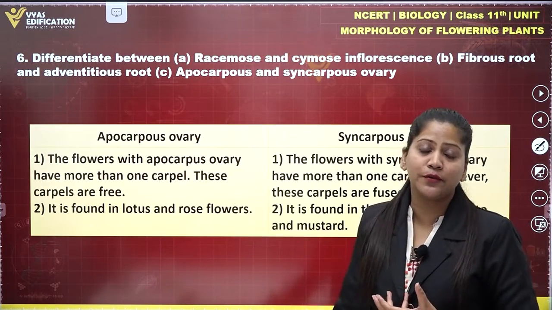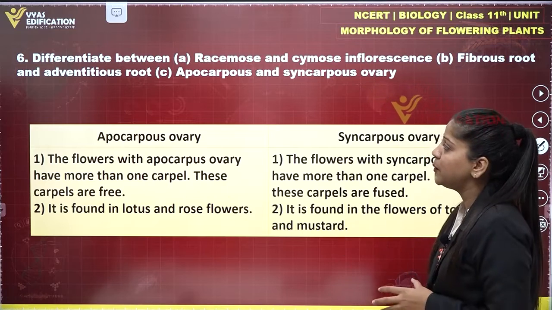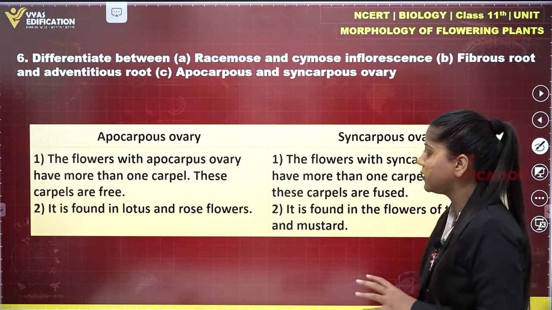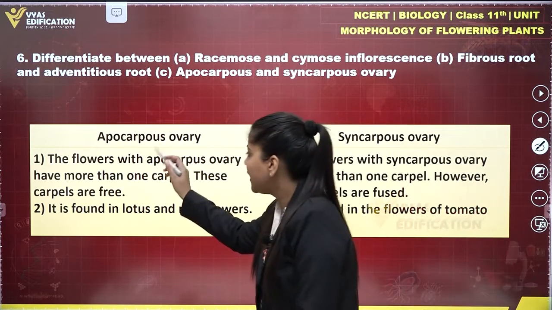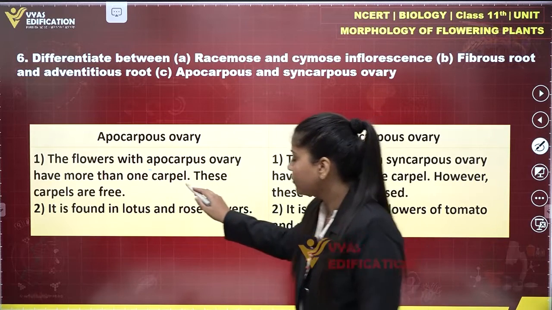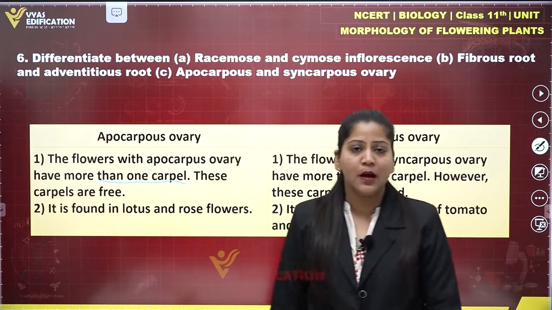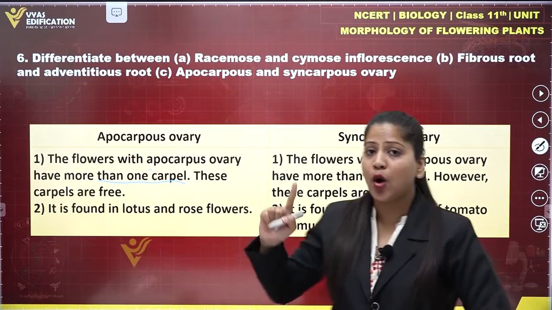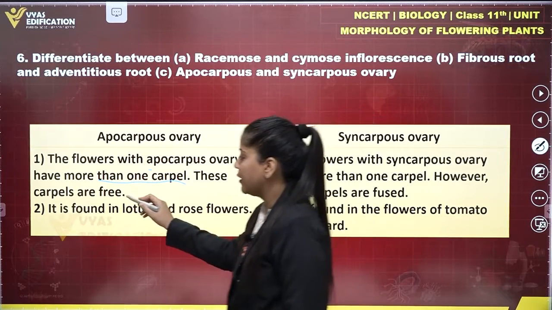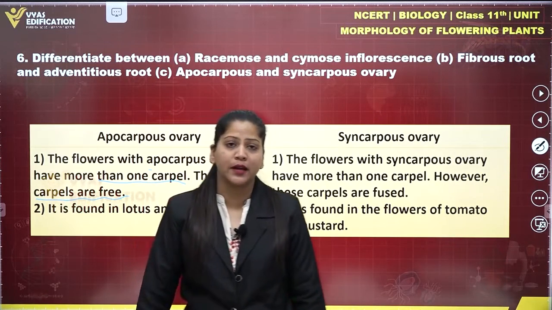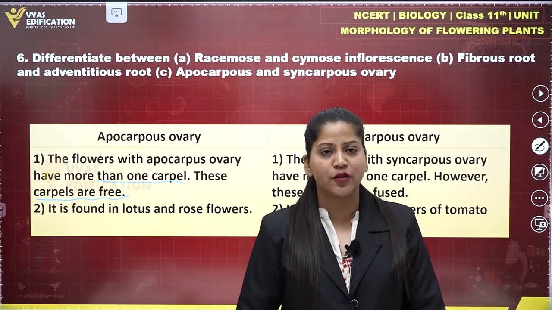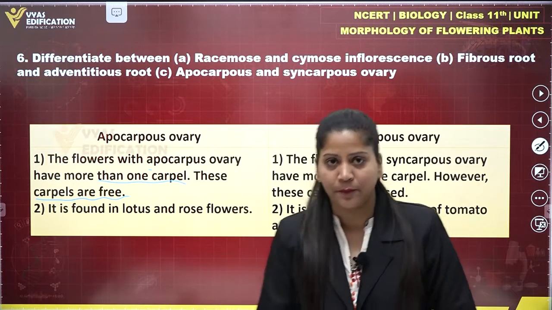The last one we have is the differences between apocarpus and syncarpus ovary. In this, we have more than one carpel present in a flower, and all these carpels are free, not fused with each other, they are present separately, right?